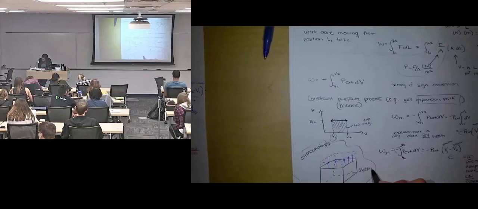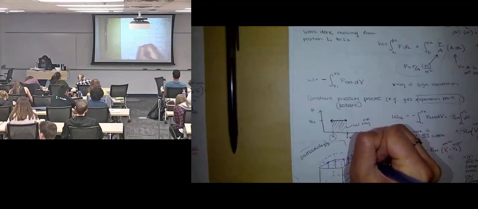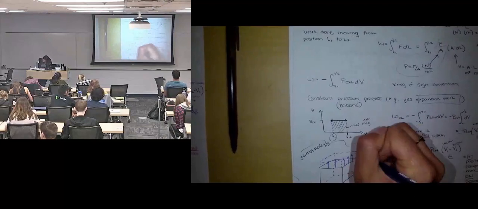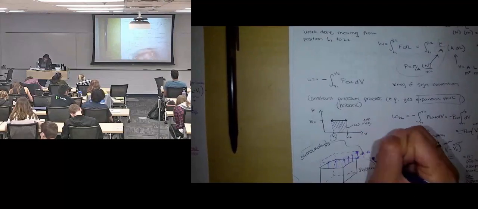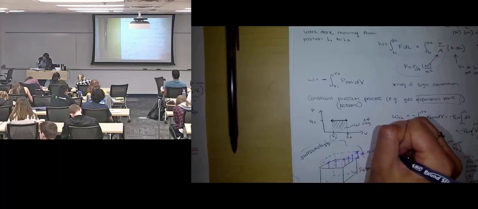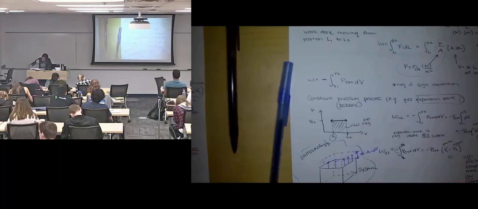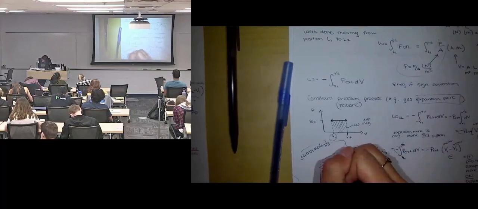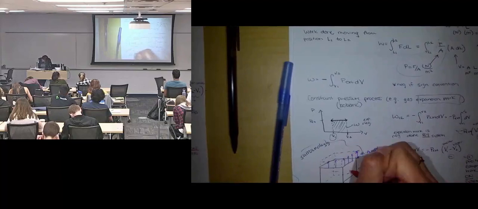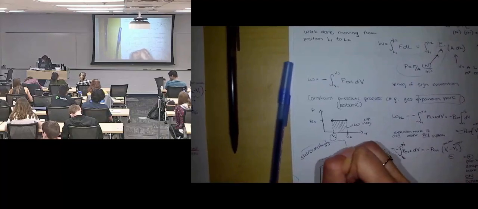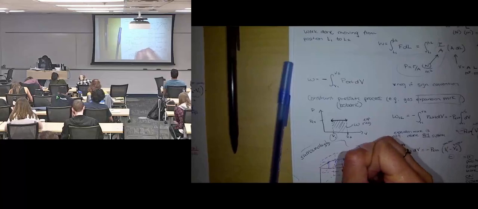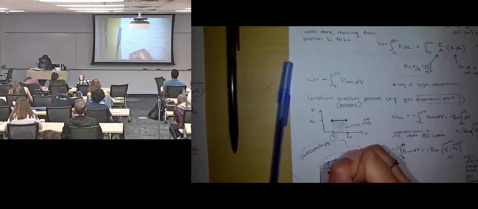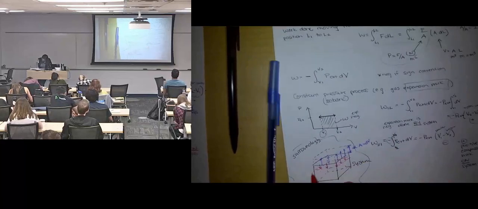And this difference, this change, was our change in length times our cross-sectional area, or a change in volume. Whereas for compression, we have some piston in our piston cylinder setup. This is our compression work.